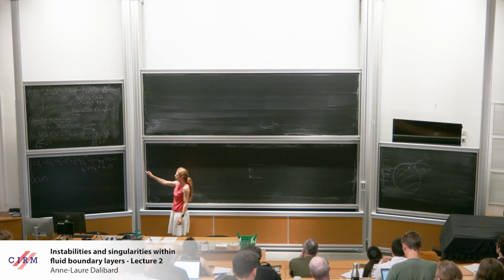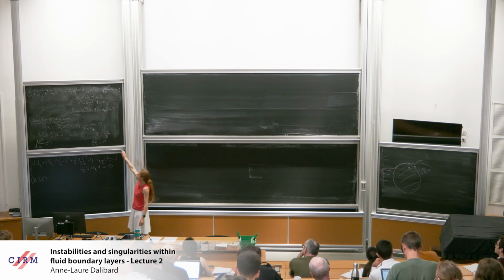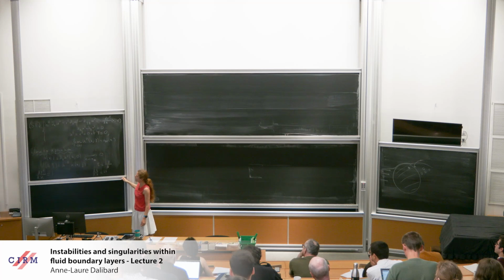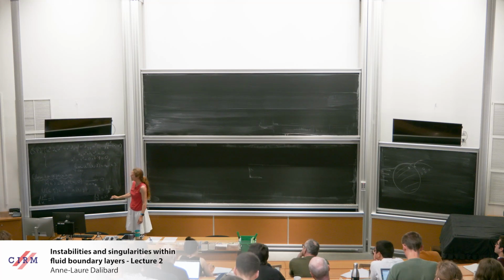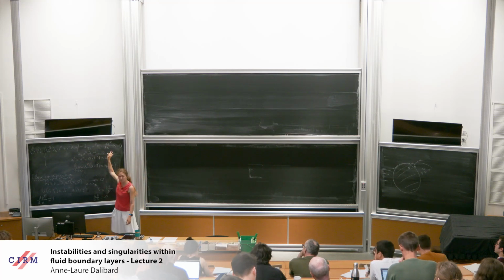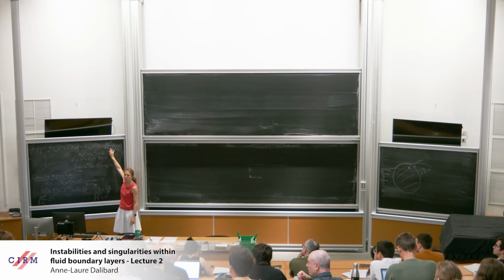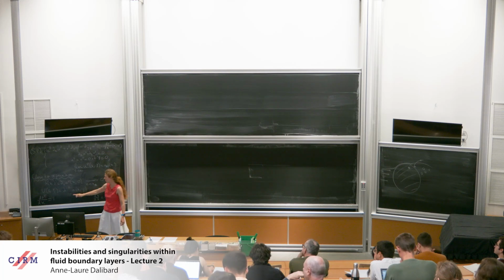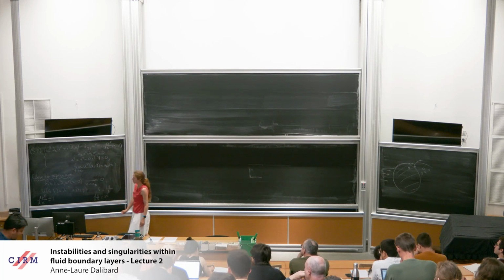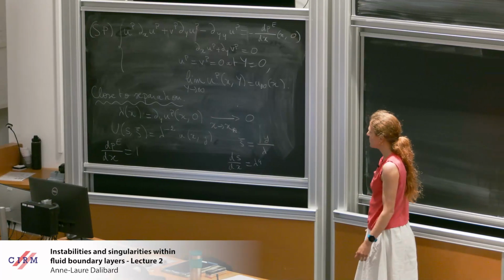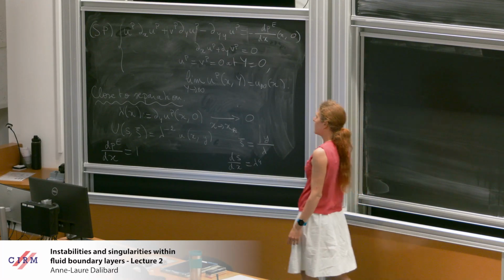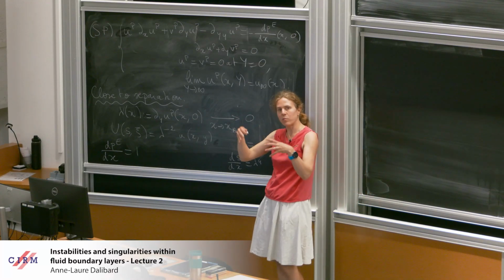Okay, so back to separation. This is just what I wrote at the end of the lecture yesterday. So we start from the stationary Prandtl system with an adverse pressure gradient, meaning that the right-hand side here is negative. And the simplest negative right-hand side that you can input is just -1. So I'm taking an outer pressure gradient linked to the Euler flow, which is equal to 1. And I'm zooming in onto the separation point.